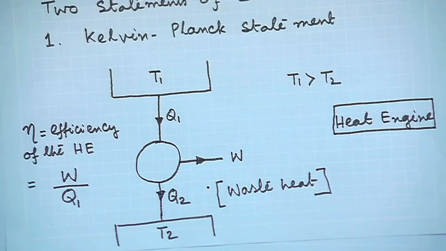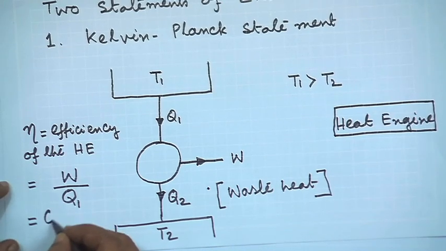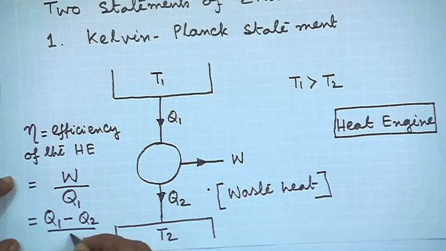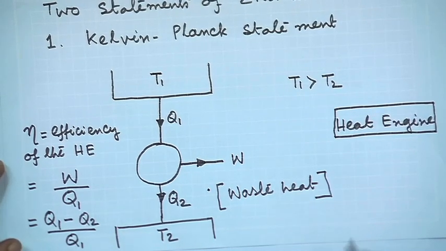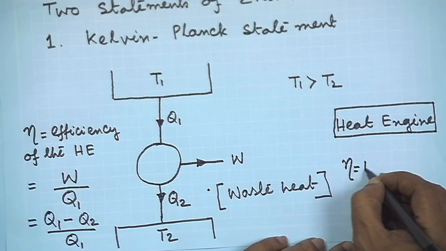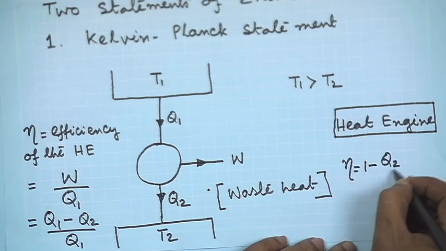We are getting W while we are paying for Q1. So, it is W by Q1. From the first law we can write it as Q1 minus Q2 by Q1, or efficiency we can write as 1 minus Q2 by Q1.